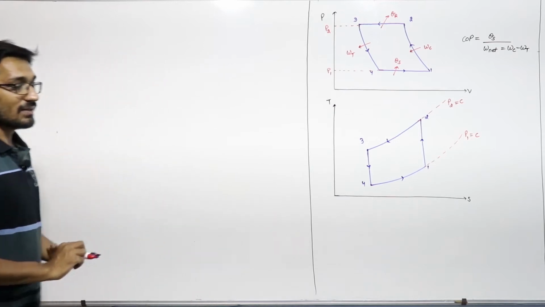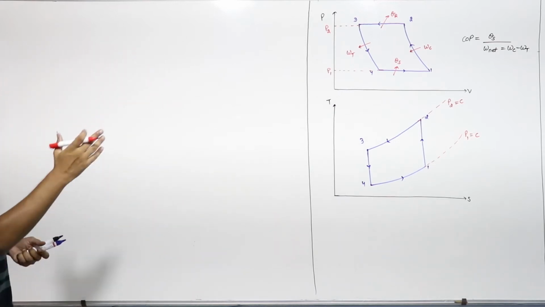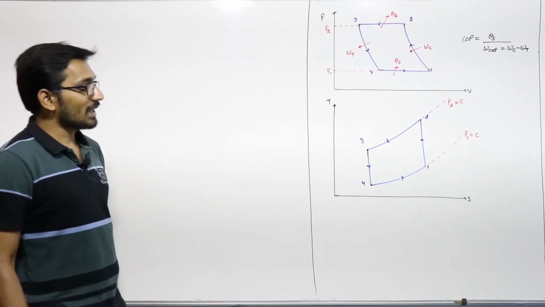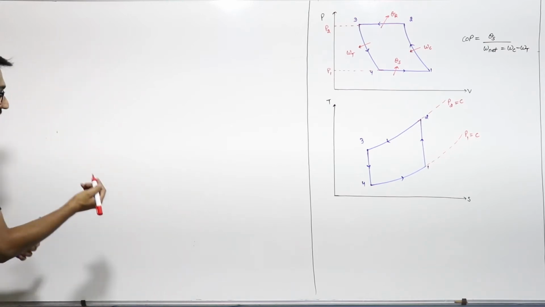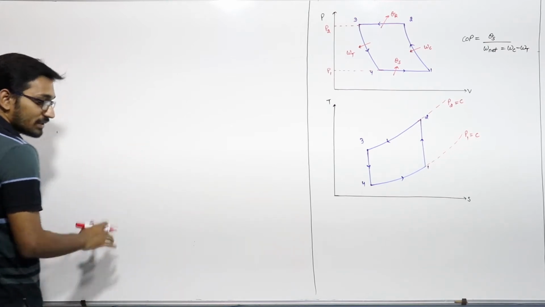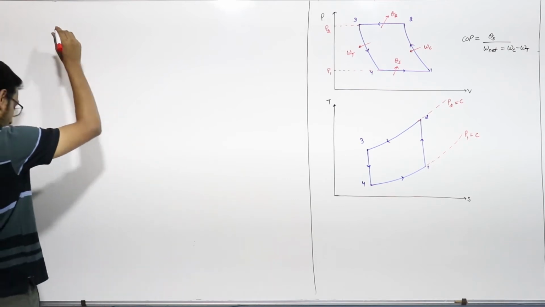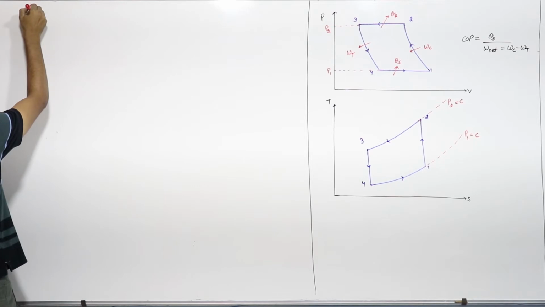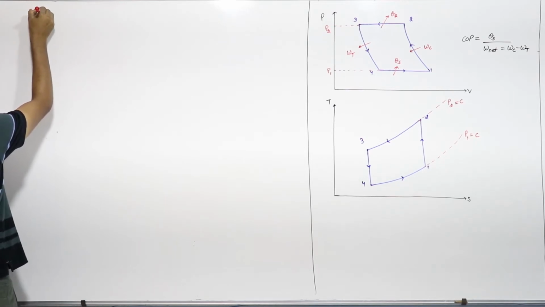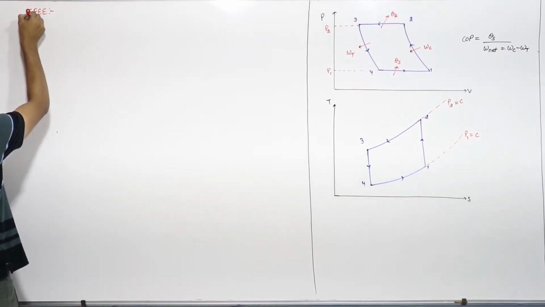So now let us start, and we'll take one process at a time. First of all, let us write the steady flow energy equation. I hope you all are good with it, but for your understanding, let us write it once.